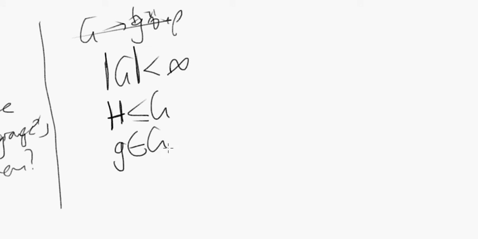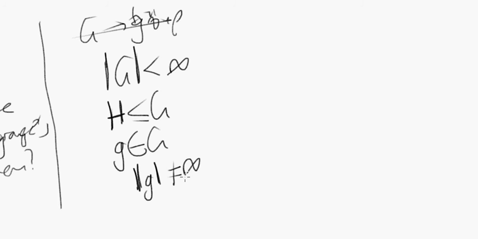So in particular, okay, we know that if G is a finite group, finite is key, so let's write it like this: if G is a finite group, order less than infinity, and H is a subgroup of G, then for all g elements of G, the order of g can't be infinite.